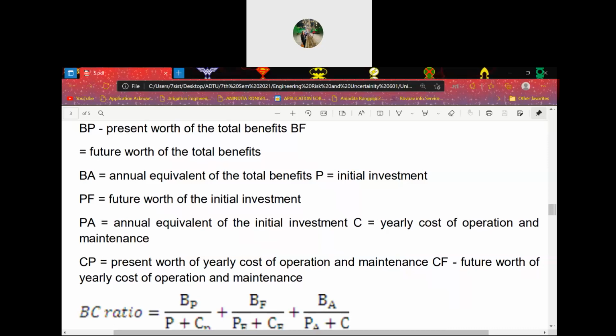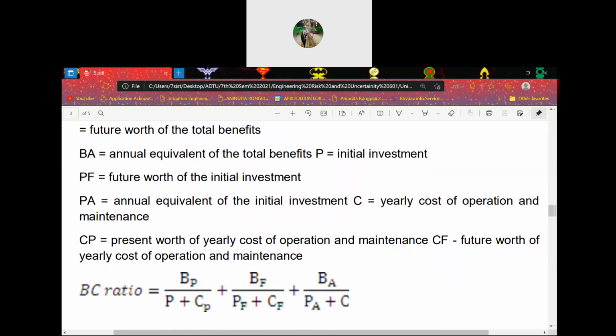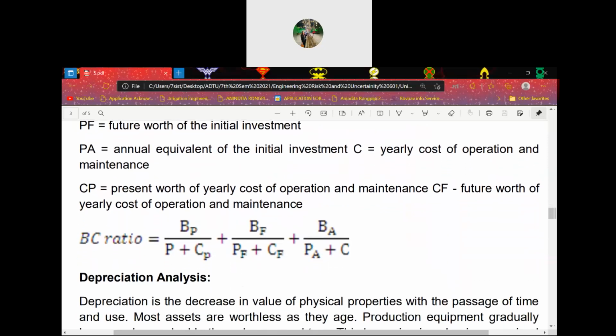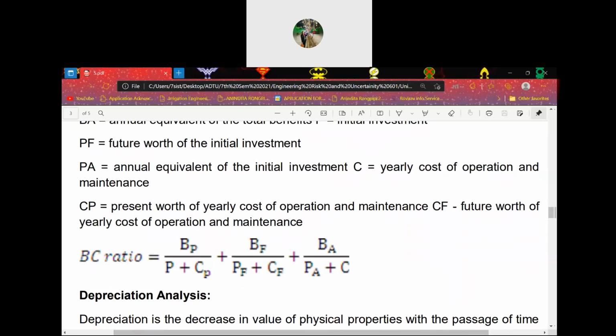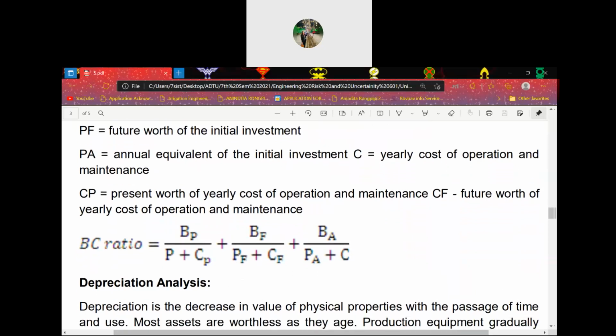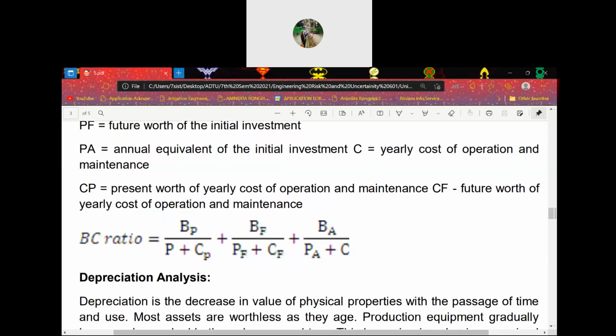And finally, CF is the future worth of the yearly cost of operation and maintenance. So BC is given by any of the following 3 values: BP by (P plus CP), BF by (PF plus CF), and BA by (PA plus C).